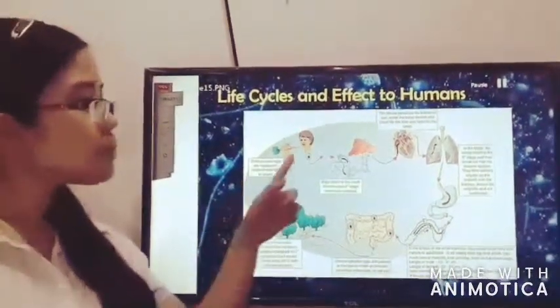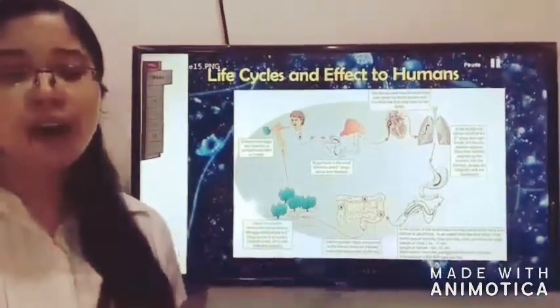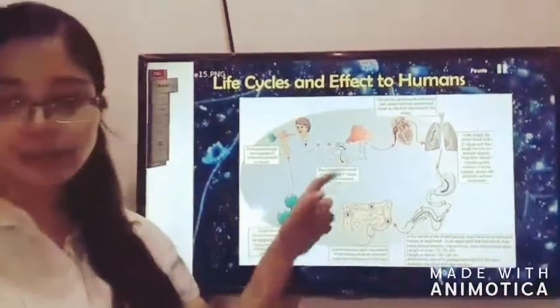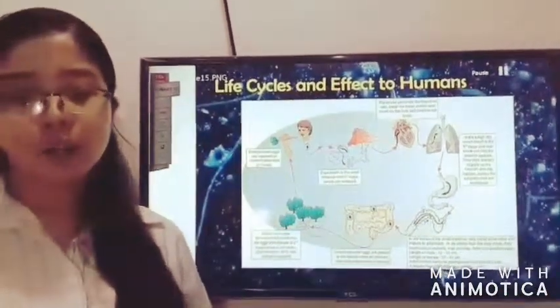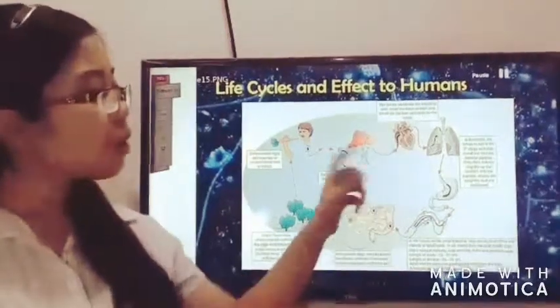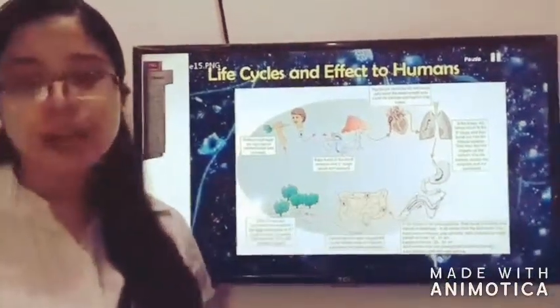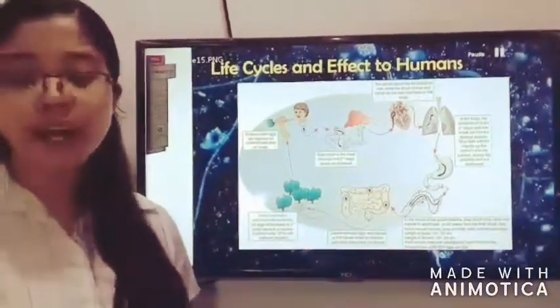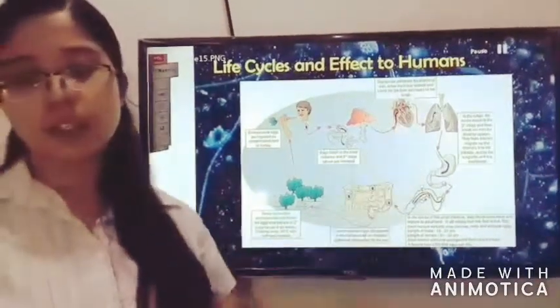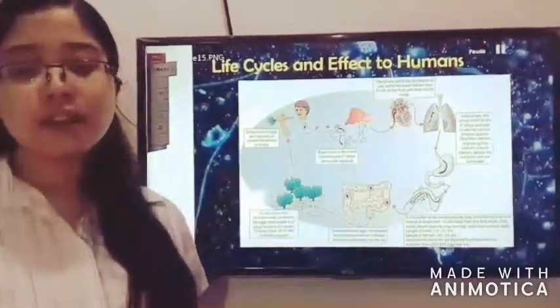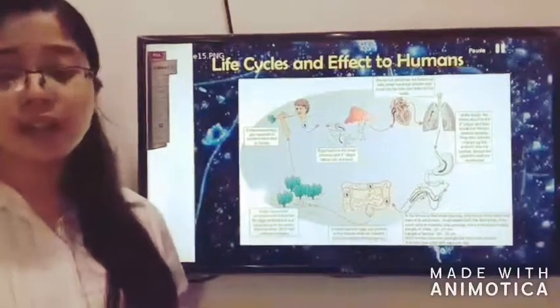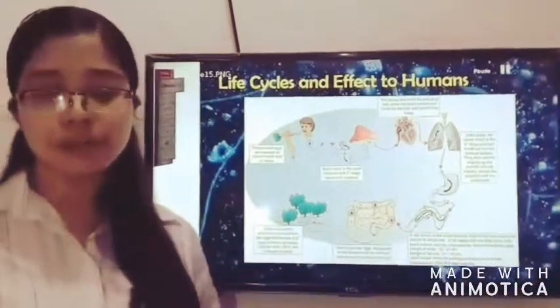When ingested by humans, the ova hatch in the small intestine and release larvae, which penetrate the intestinal wall and migrate hematogenously or via lymphatics to the heart and lungs. Occasionally, larvae may migrate to sites other than the lungs, including the kidney or brain.